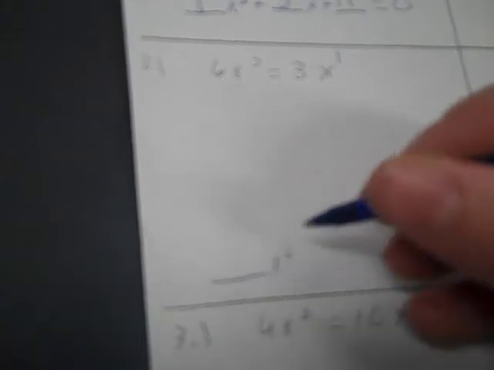X is x to the first, I have 3. And then numbers without x, I got 18 minus 7. 18 minus 7 is 11. Don't solve it. You're just trying to get it equal to 0. Okay, you got x second, you got x. Okay? So I go blank x second plus blank x plus blank.